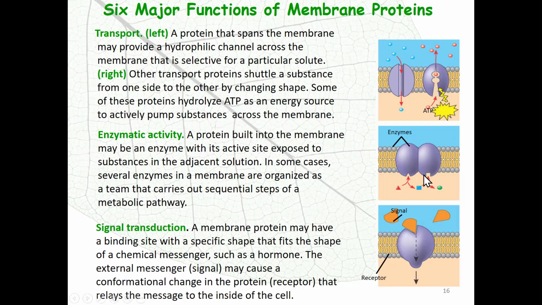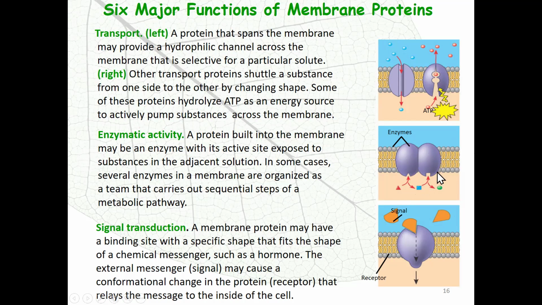So a protein built into the membrane may be an enzyme with its active site exposed to the substance in the adjacent solution. It may be outside or inside, for example. In some cases, several enzymes in a membrane are organized as a team that carries out sequential steps of a metabolic pathway.